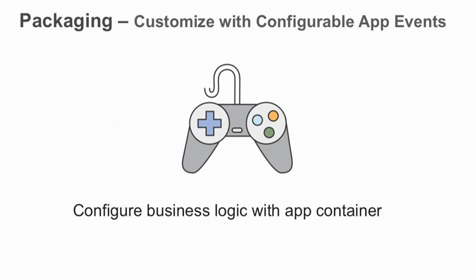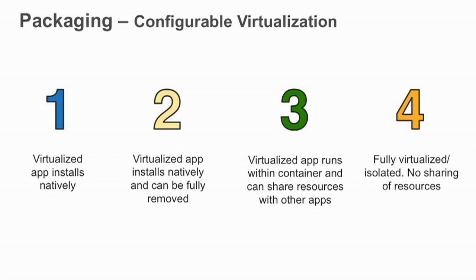When an app is delivered into a workspace and is used for the first time or is installed for the first time via the container, you can trigger events which are built into the app. So this is part of the packaging process. You can configure this. You can trigger an event that, say, runs a VB script that will activate a license against a server that's available in your environment.